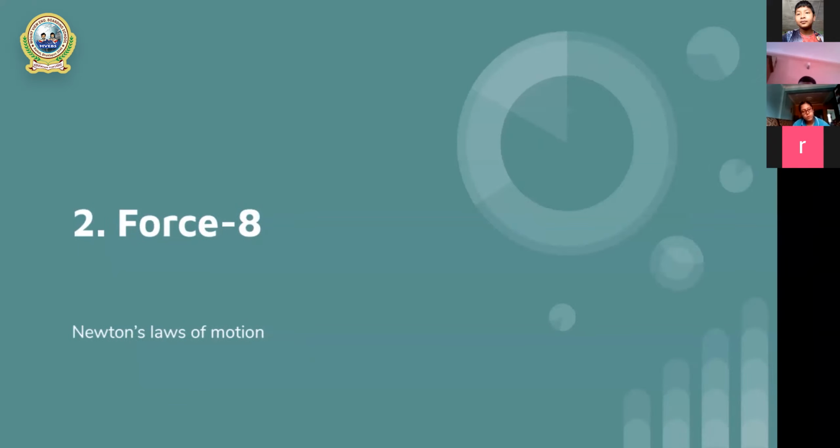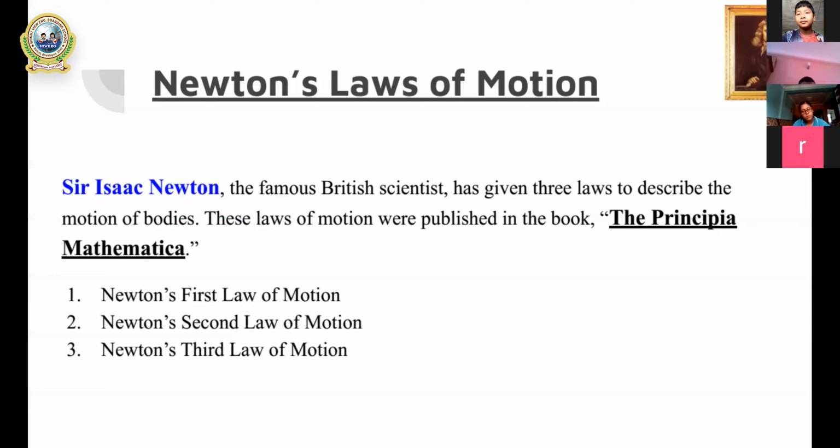So what are Newton's laws of motion? Sir Isaac Newton was a British scientist. He has given three laws to describe the motion of bodies, and those laws are published in the book called the Principia Mathematica.